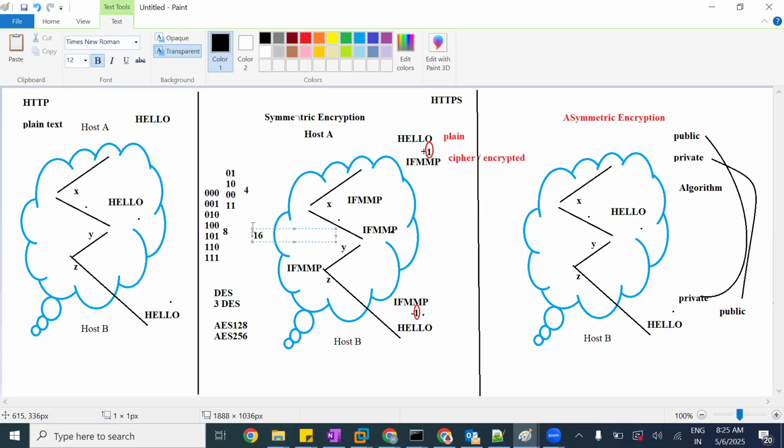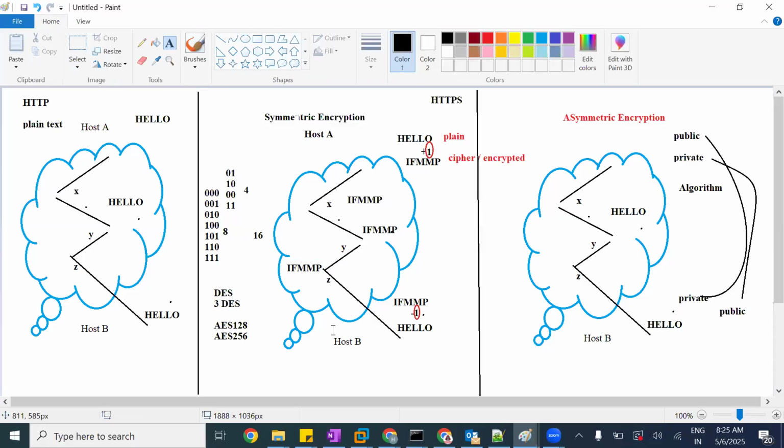So as the key size increases, the combinations increase. For better security, should the key size be more or less? Everyone try to respond in the chat. The key size should be more for better security.